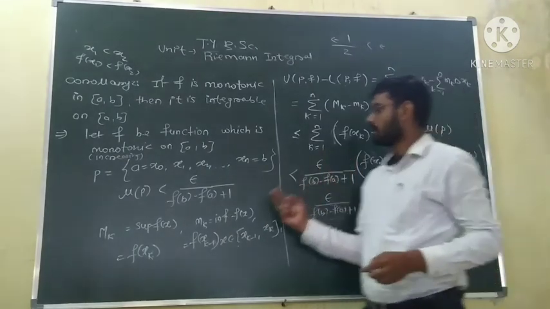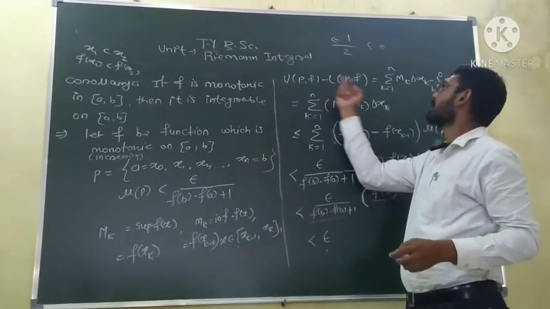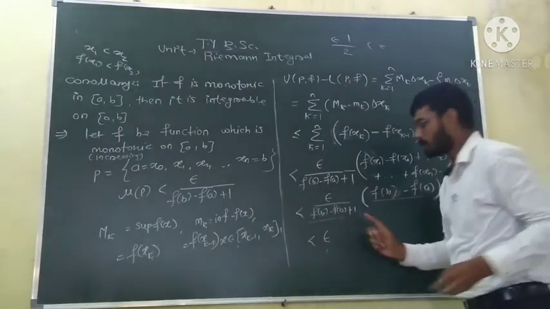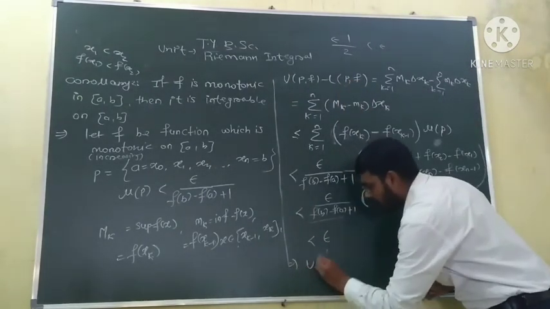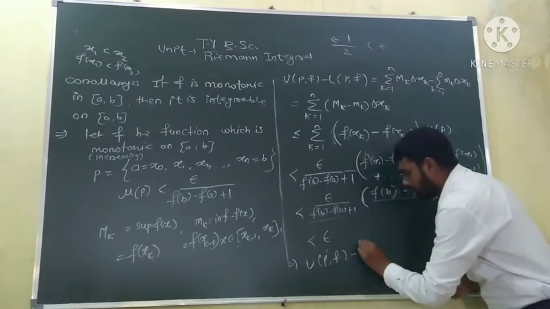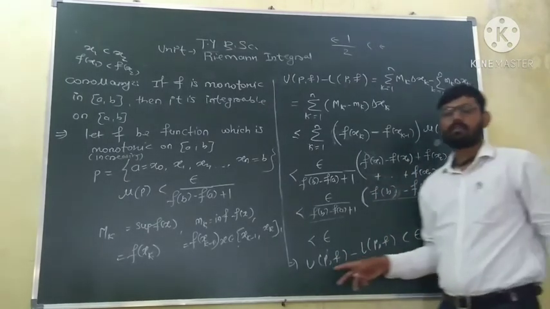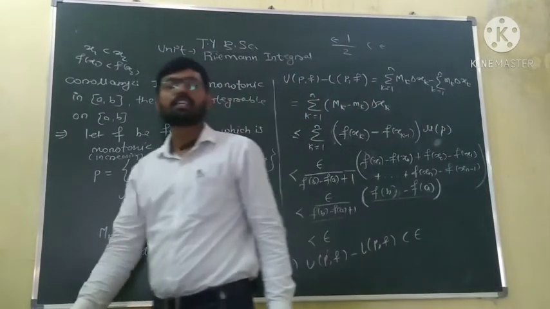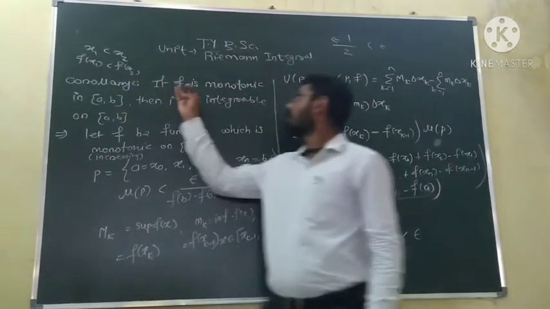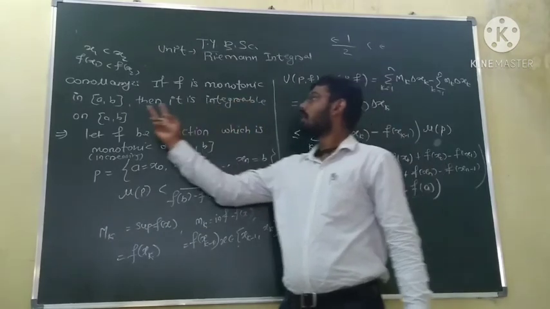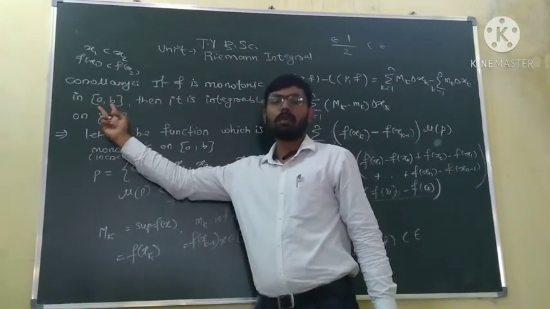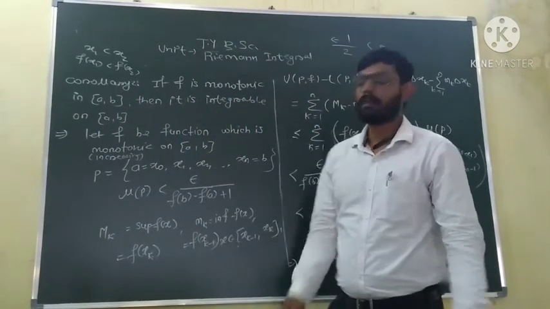So we are sure that the difference between the upper sum and the lower sum is less than epsilon. This is upper sum minus lower sum less than epsilon. So by the condition of integrability, every monotonic function on the bounded interval AB is always integrable.